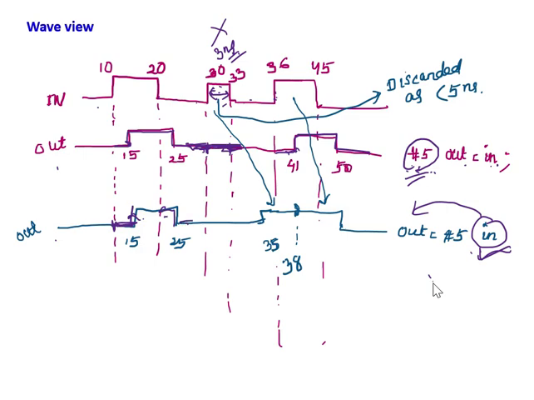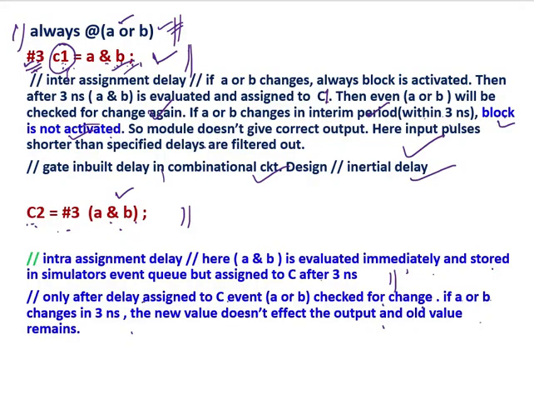Then what happens here, in this case and this case? So in this case, this is 30, and if you remember this hash 3 A and B, once the right hand side is assigned to C2, after 3 nanosecond it will check again, is there any change.